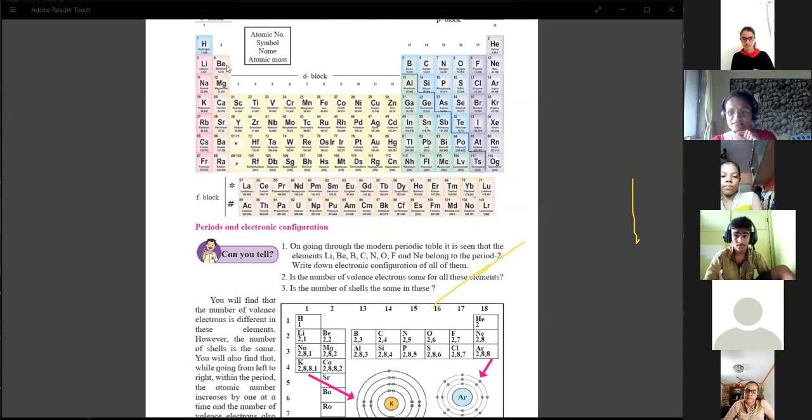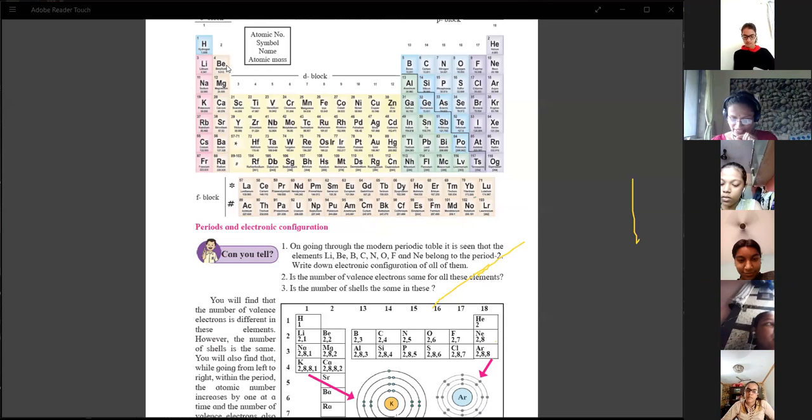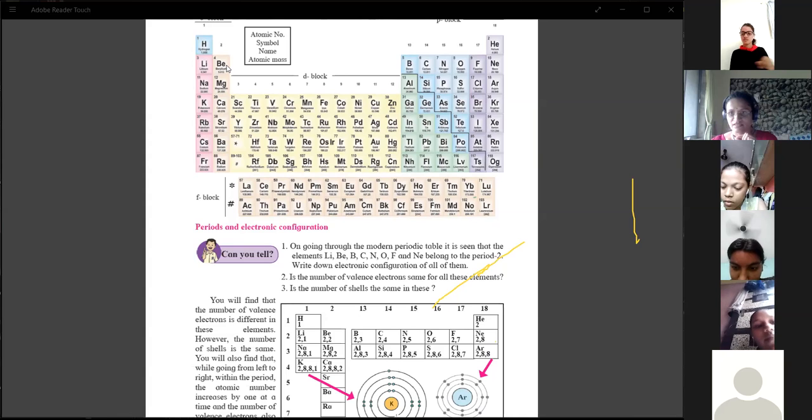Sunny Singh, raise your hand and give me the answer. Hydrogen. The most electronegative atom: fluorine. The most reactive non-metal: fluorine.